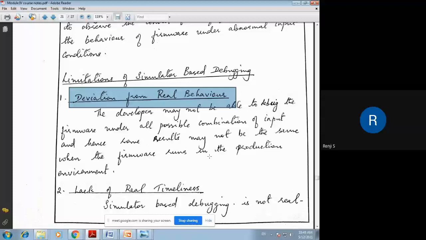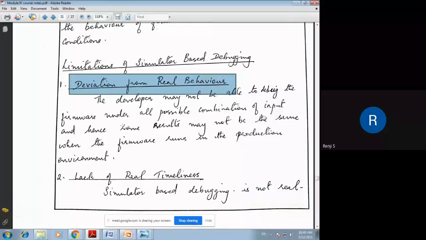He might miss out certain values, the actual values that might come across when the system is put into use. Such values, when given to the system, might make it deviate from its behavior. It is not possible for the developer to check all possible inputs, and if any unexpected input arrives, the system deviates from what is actually written.